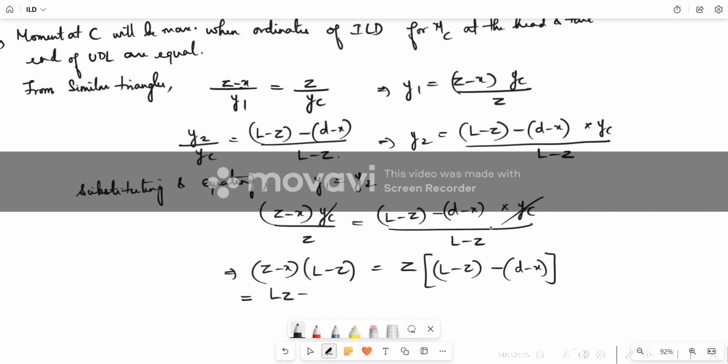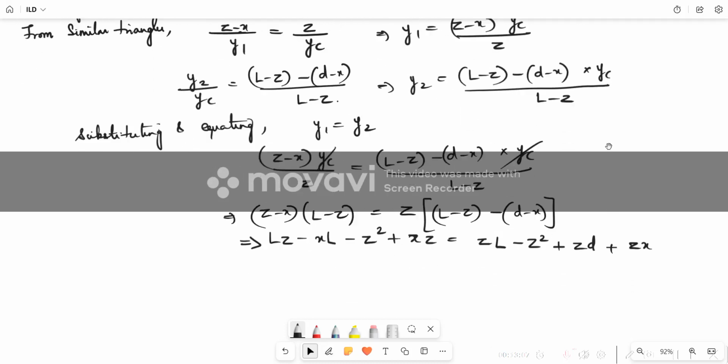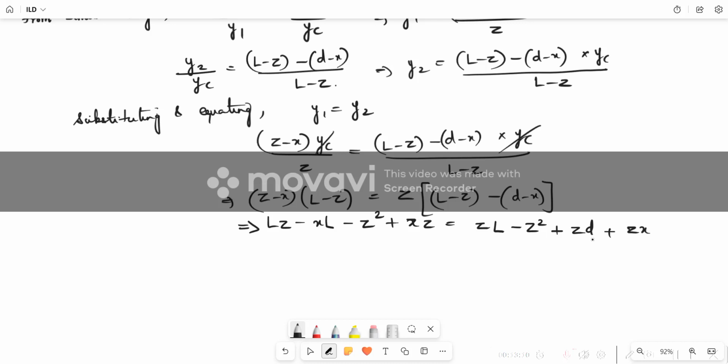So you will get Lz minus xL minus z square plus xz is equal to zL minus z square plus zd minus zx. Now equating this, you have many terms which will get cancelled on either side.